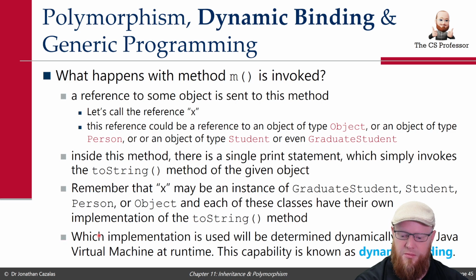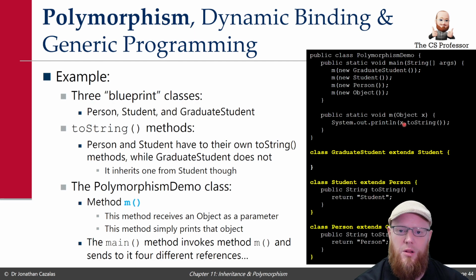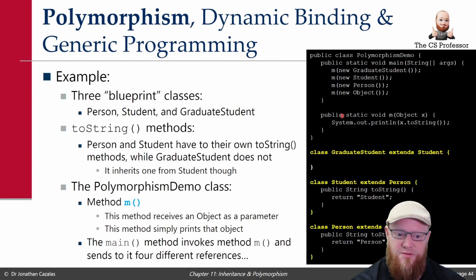the question simply becomes, which implementation of toString is ultimately used when I come here and I send over a new student? The new student object comes right here, and then we call X.toString. What's going to get printed? Which toString is going to get invoked? Is it this toString of the student class, since I sent over a student? Is it this toString of the person class?